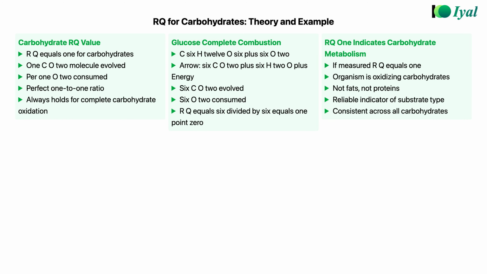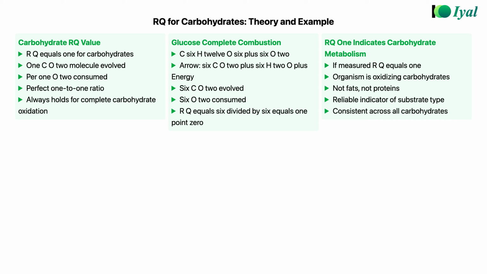So if an organism has RQ of 1, what is it doing? Oxidizing carbohydrates. That is all. Glucose, sucrose, starch, any carbohydrate all give RQ of 1 when completely oxidized. So RQ 1 means carbohydrate metabolism.